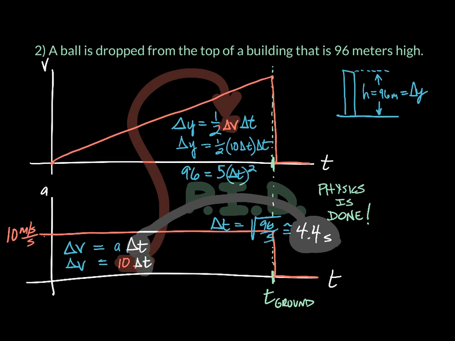So this means I have 10 times 4.4. So this is going to be roughly 44 meters per second, which is roughly 96 miles per hour.